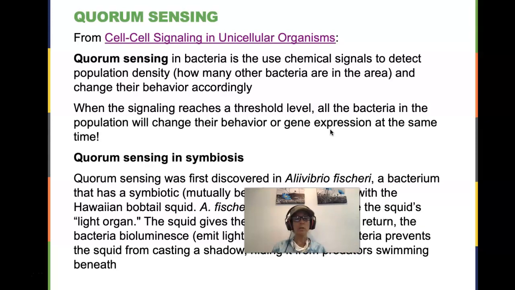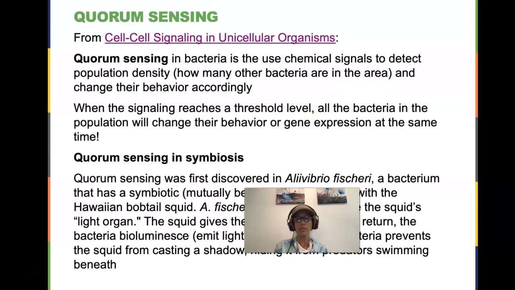So this might be movement or it might be gene expression. The production of a particular chemical in response to this threshold signal, or perhaps the repression of a chemical in response to the signal.